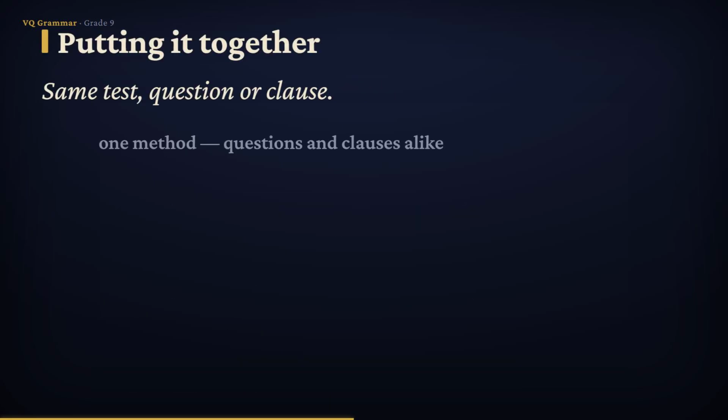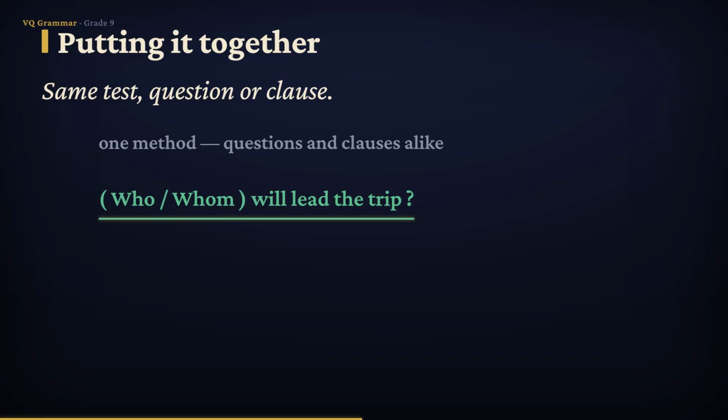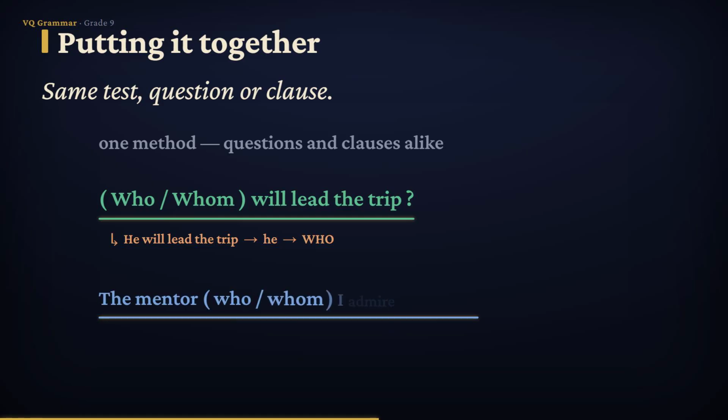Let's run the full method on a couple of mixed sentences. First, who or whom will lead the trip? Turn it into a statement. He will lead the trip. He fits, so we choose who, the subject. Second, a clause this time. The mentor who or whom I admire retired.